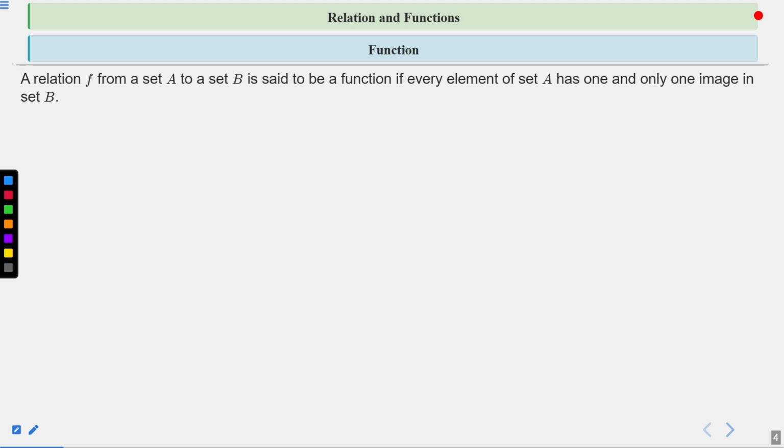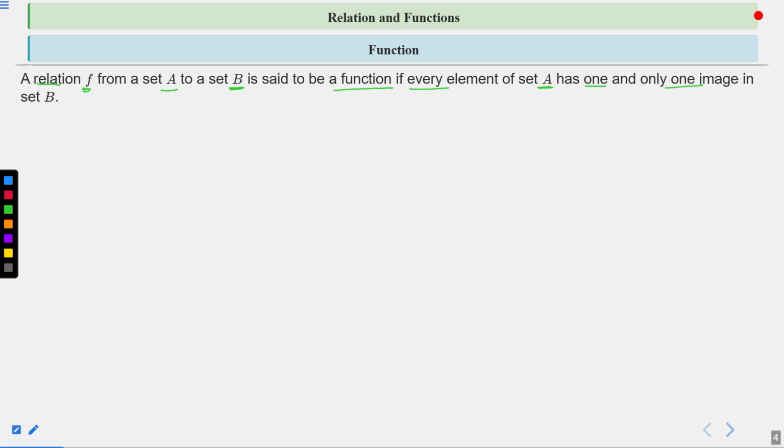So starting with the first, function definition. Your f must be a relation, first of all, a relation f from a set A to set B. It is said to be a function if every element of set A has one and only one image in set B. Meaning every element must be associated to some element and that element must be unique.